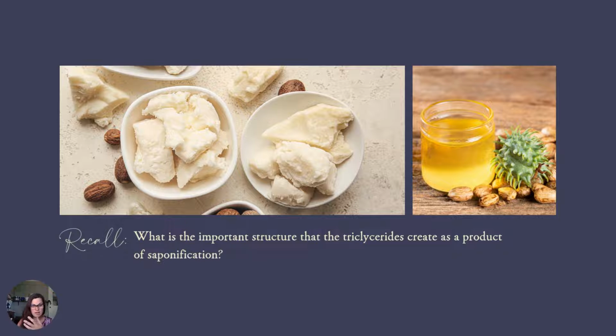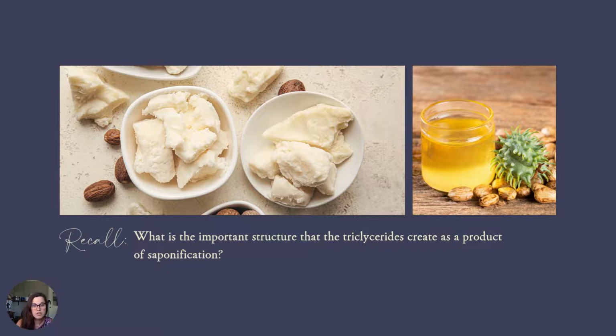We need to take this idea of the structure of the fatty acid tails, those three tails, and take those properties and manipulate them for what we want our soap to do. Are we creating a dish soap that needs to strip every single oil off of our dishes?